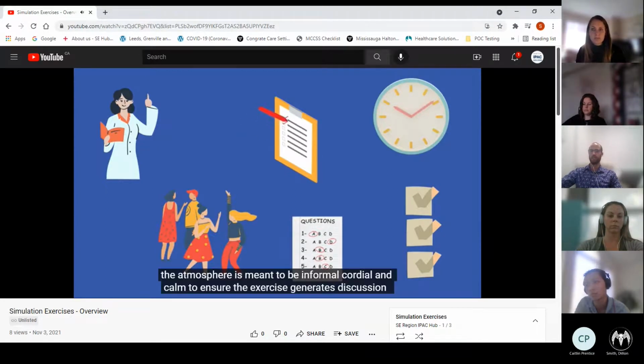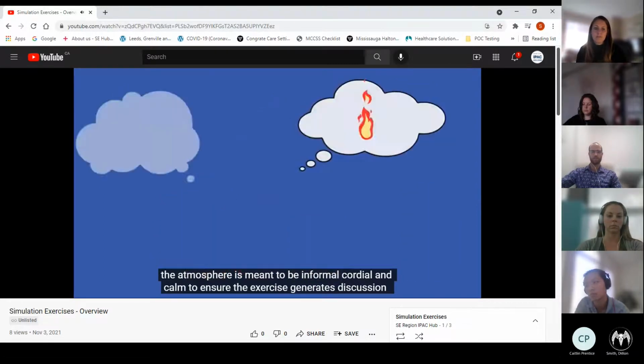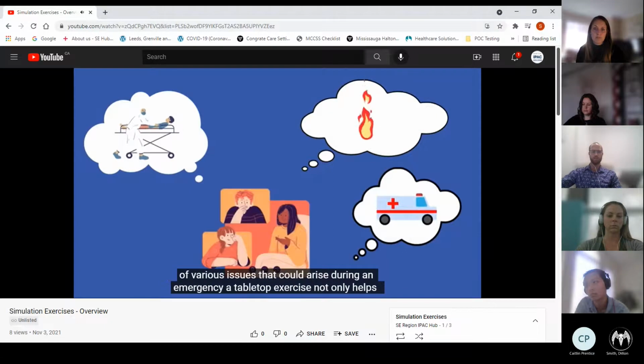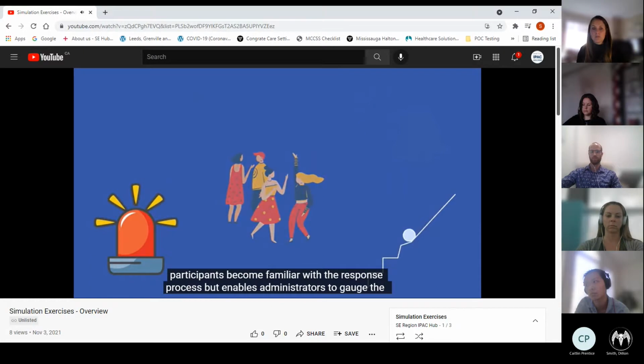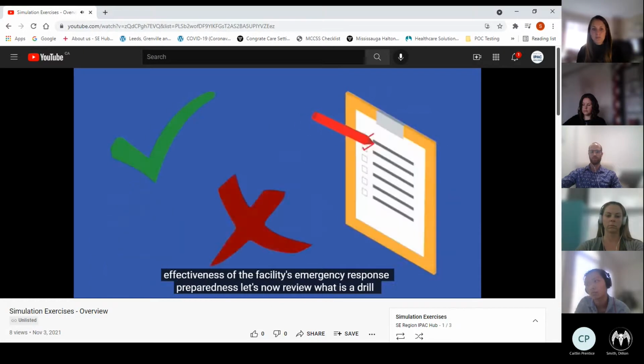The atmosphere is meant to be informal, cordial, and calm to ensure the exercise generates discussion of various issues that could arise during an emergency. A tabletop exercise not only helps participants become familiar with the response process, but enables administrators to gauge the effectiveness of the facility's emergency response preparedness.